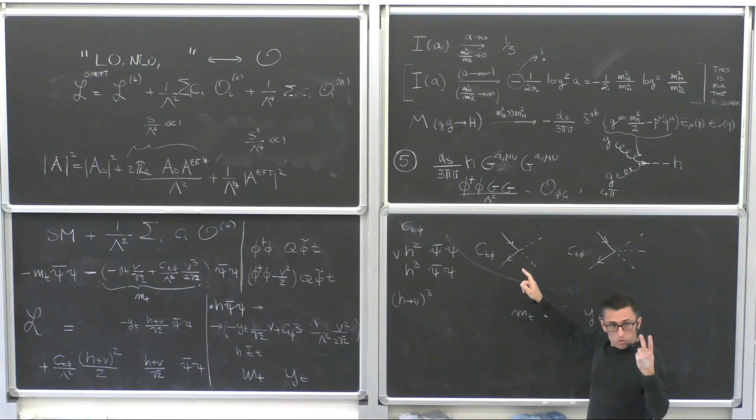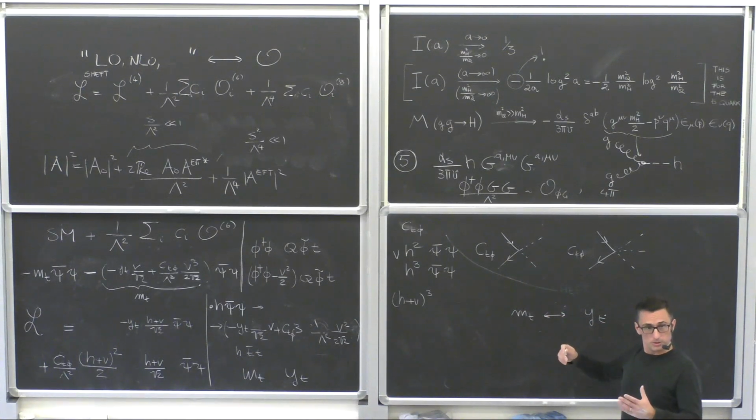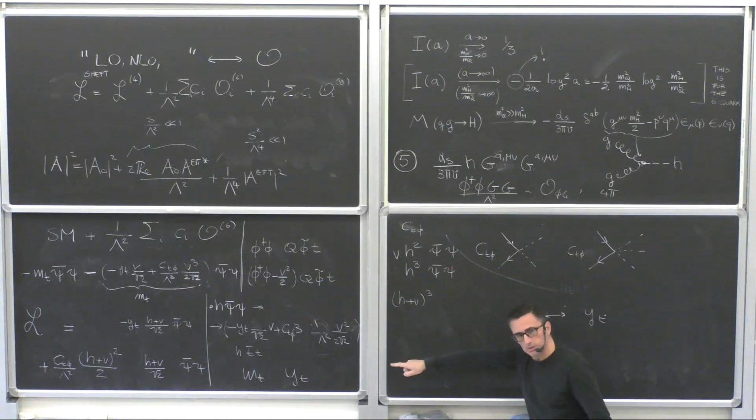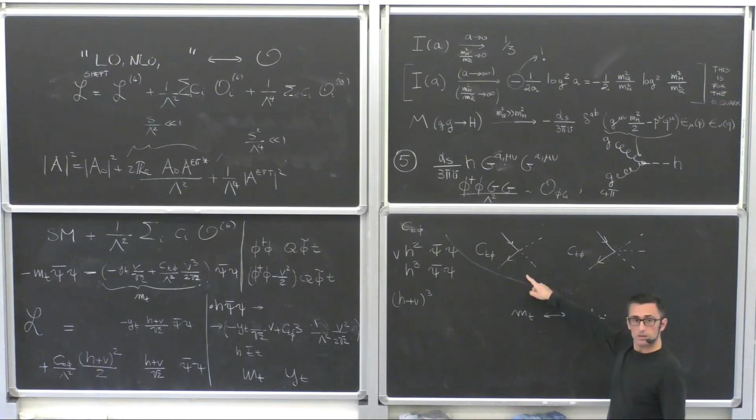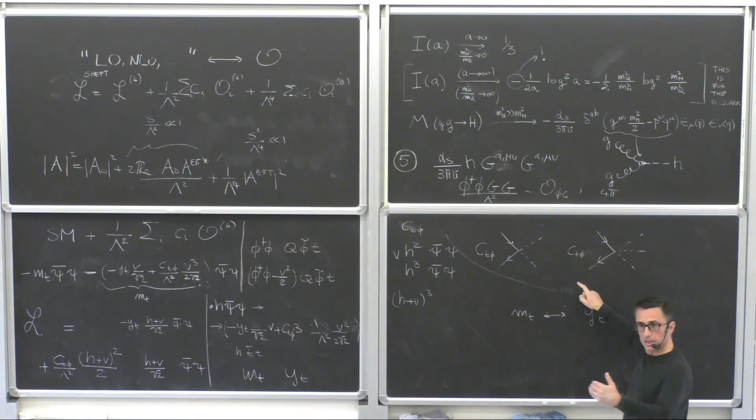But if I produce two Higgses, which will be the next thing that we'll talk about tomorrow, I need this one at dimension 6. If I want to unlock the change in YT from this one, I need a dimension 8 operator. If then I want to unlock this one from this one, I need a dimension 10 operator. You see?